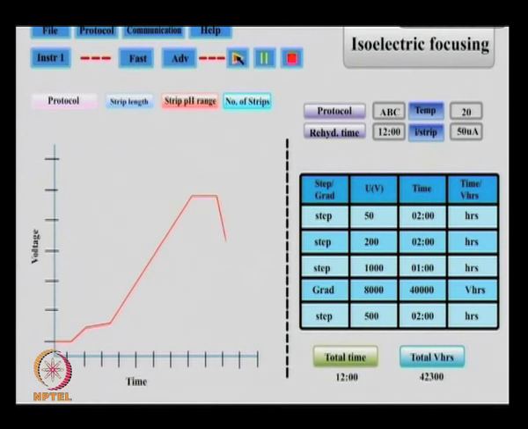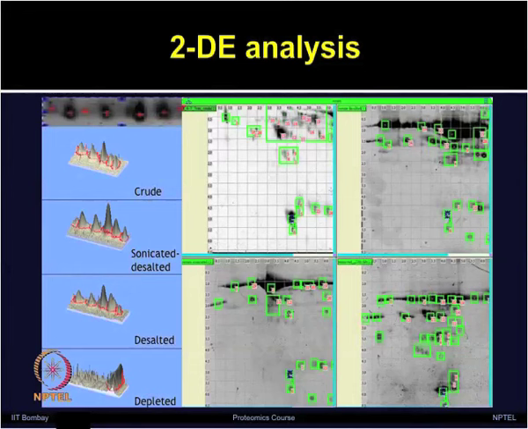So, we tried various types of treatments: crude serum alone, sonicated and desalted, desalted alone, and depleted and desalted, and then tried to compare the effect of these types of processing on overall proteome coverage.